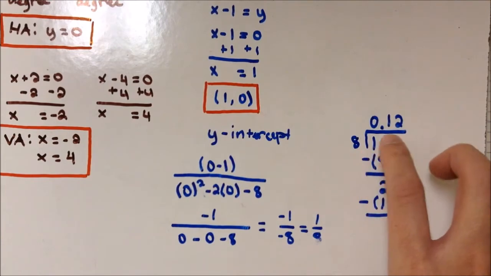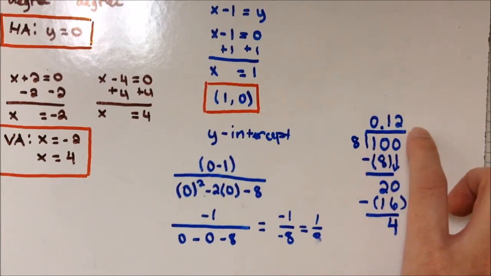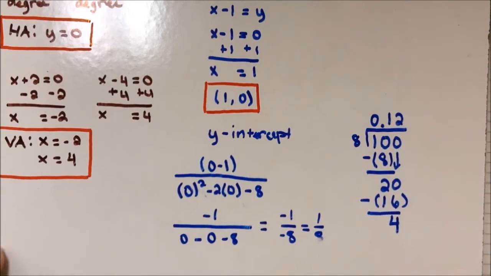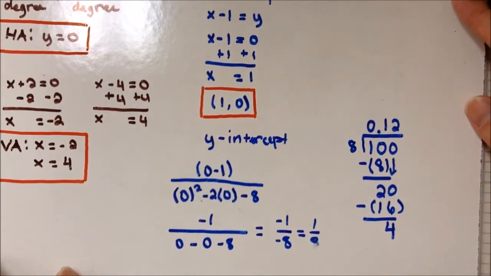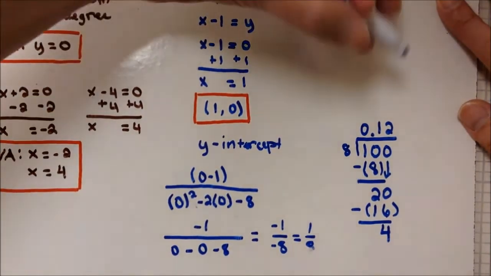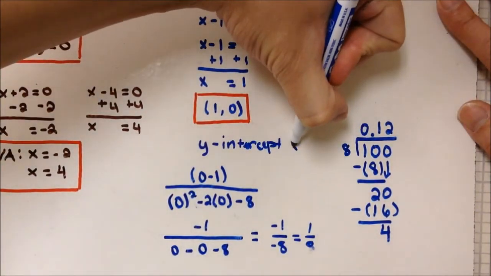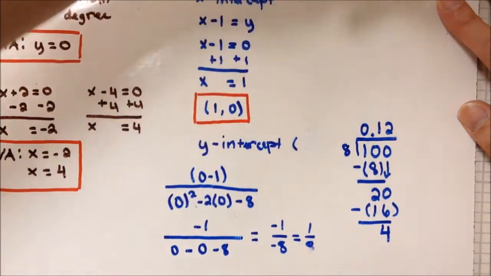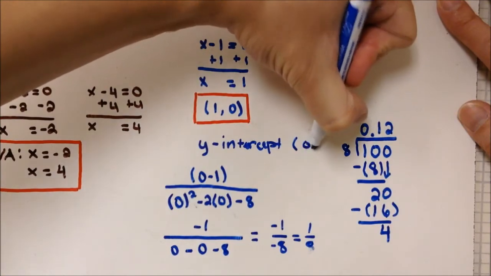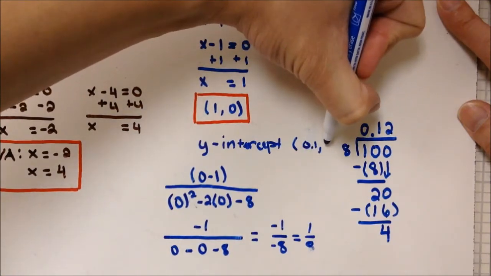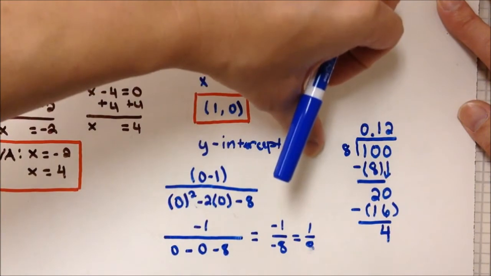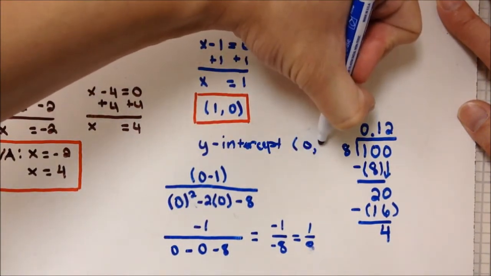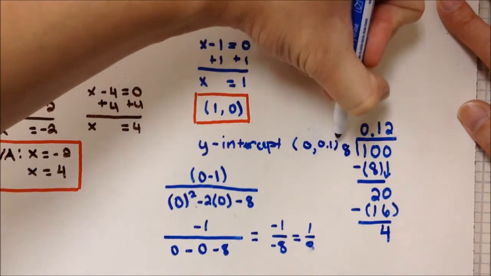If you want to be precise, you use 0.12. But for graphing, I'm going to use 0.1. So our y-intercept is going to be, again, a coordinate point. 0, 0.1, because I plugged in 0 for x and the y value is 0.1.